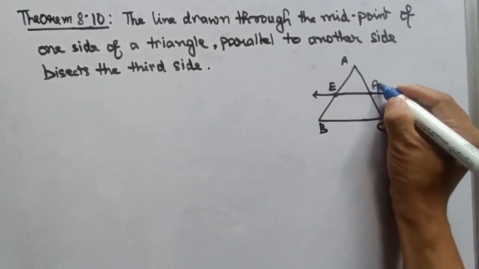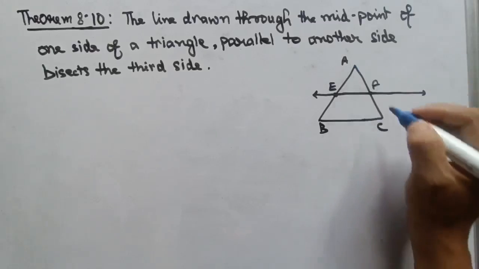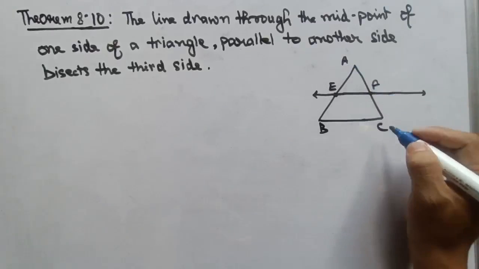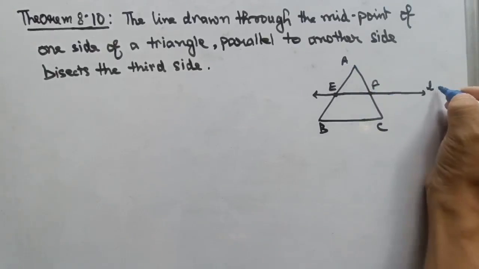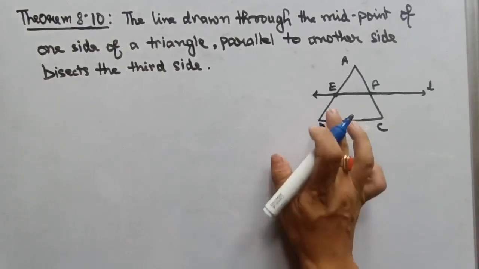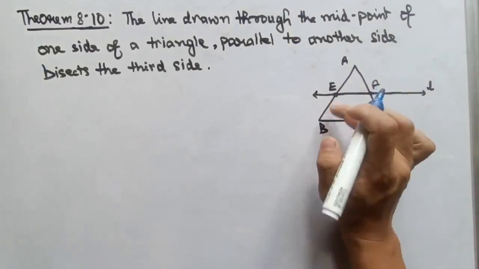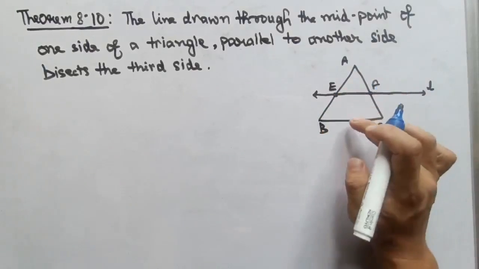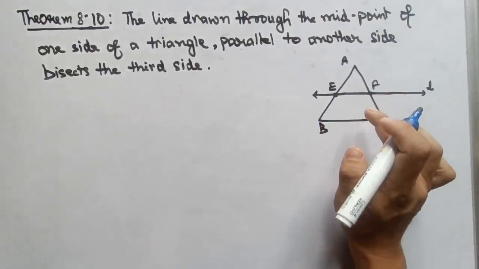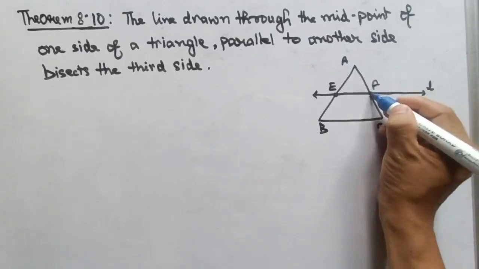That is, F will be the midpoint of AC. That is, AF is equal to FC. So according to this theorem, if a line is drawn through the midpoint of one side of a triangle parallel to another side, then that line bisects the third side.